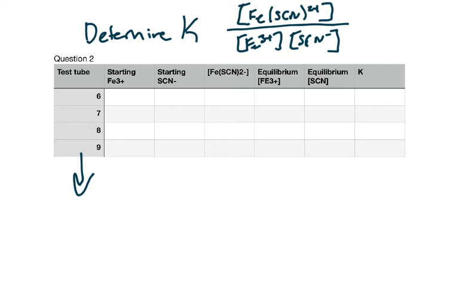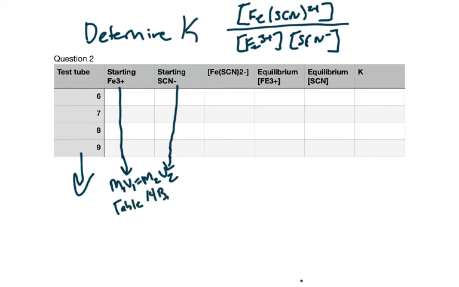So the first column is the starting iron concentration, and this is another M1V1 equals M2V2. Both the starting iron and the starting thiocyanate concentrations come from M1V1 equals M2V2. The table for that is table 14B.2 on page 178.